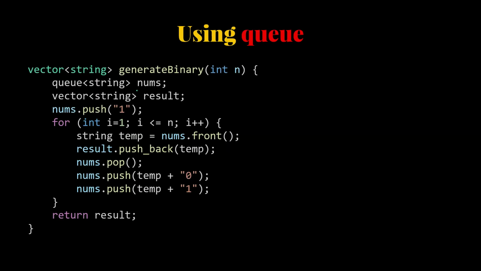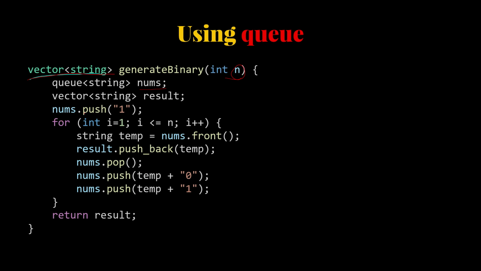Here is the function signature, which returns a vector of strings and takes input n, the number of binary numbers to generate from 1 to n. We start with a queue of strings, initially empty, and we have a result vector.